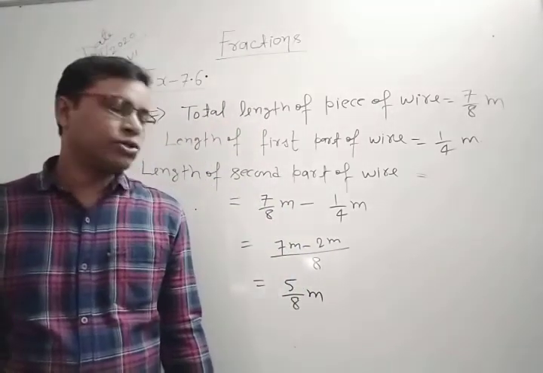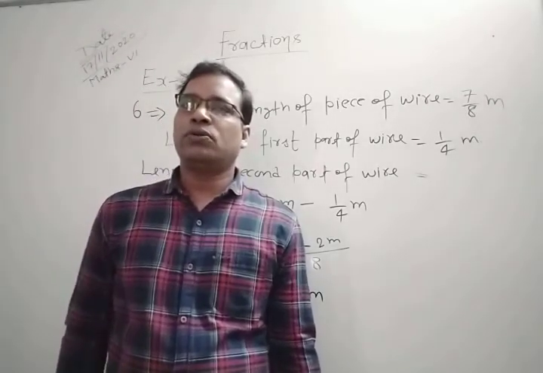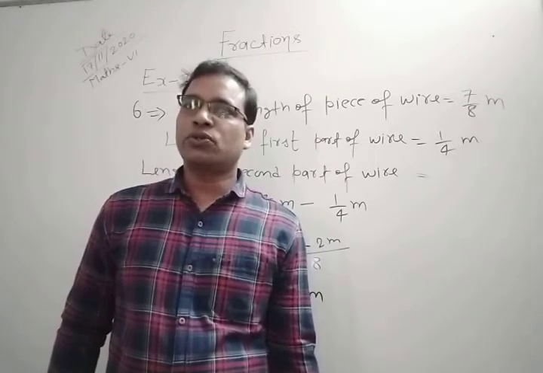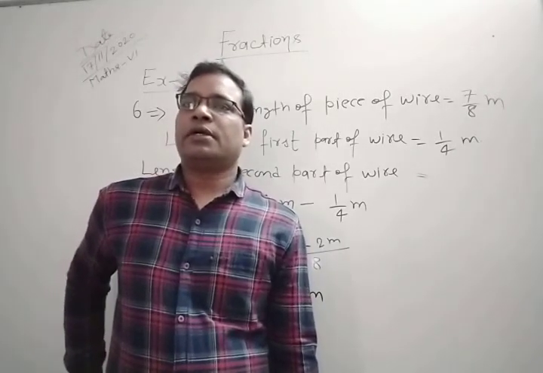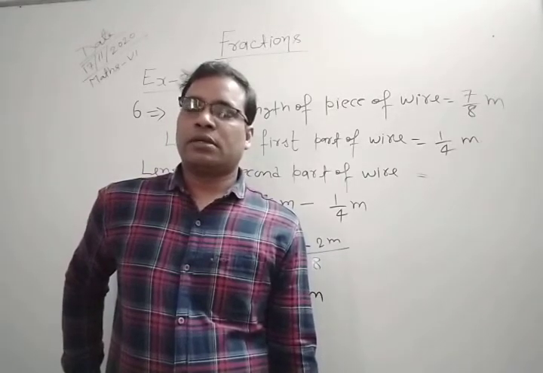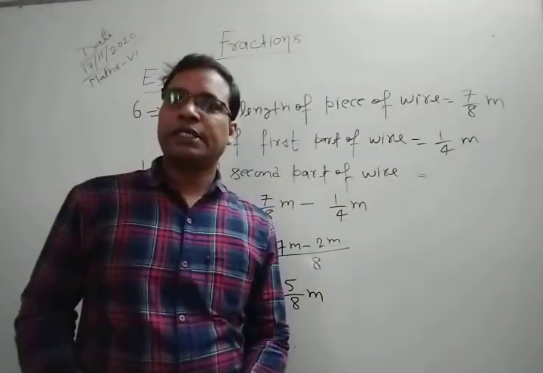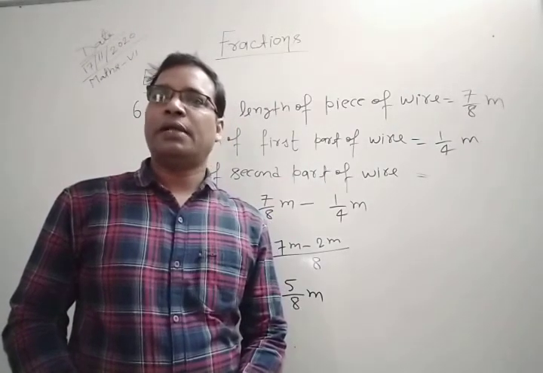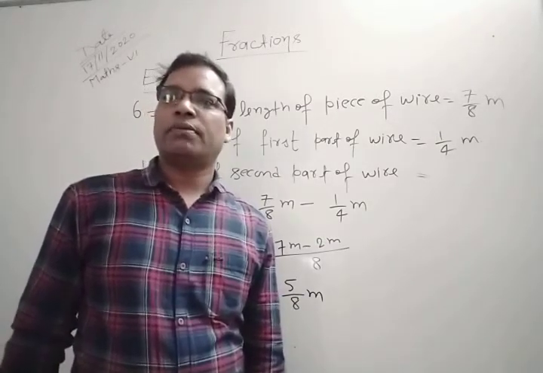Here in this question the total distance from Nandini's house to her school is given, 9 by 10 kilometers, and the distance covered by bus is given. You need to find the distance covered by walking.